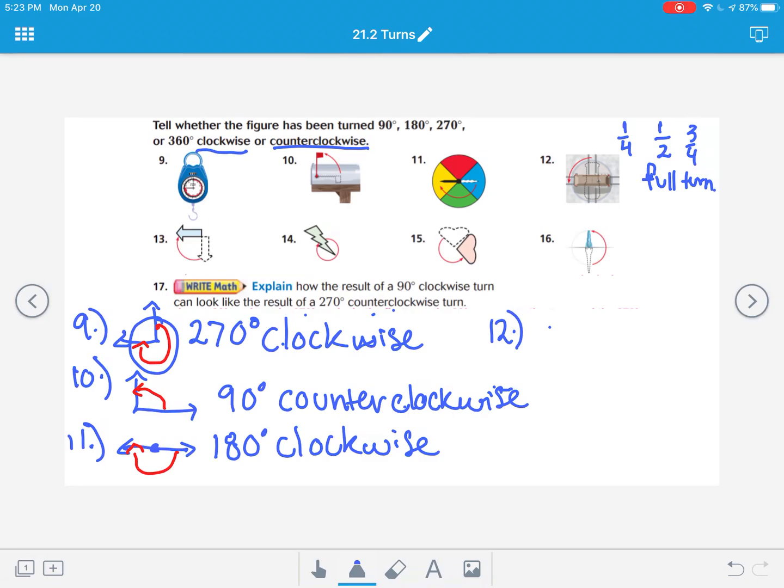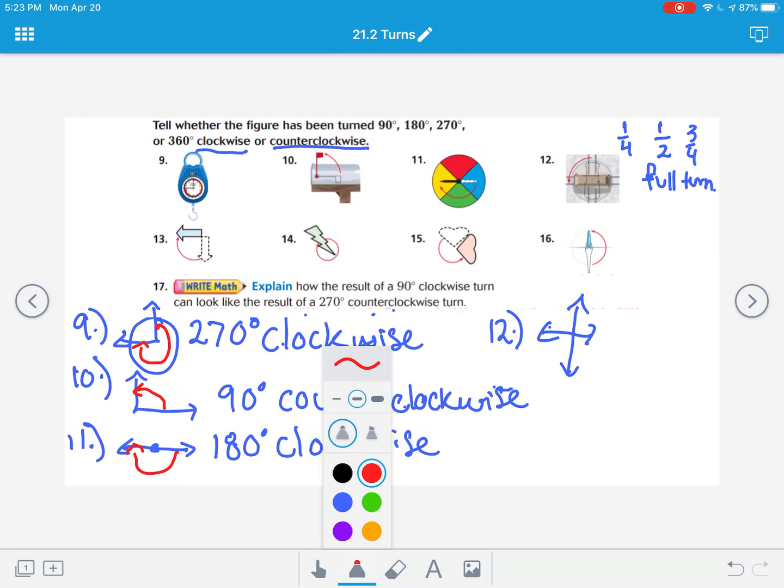Number 12. All right, so I have a picture. I'm not even quite sure what that is, but I do see some rays have been formed, meeting at the middle, and I see that that turn is starting from the top, moving to the left.